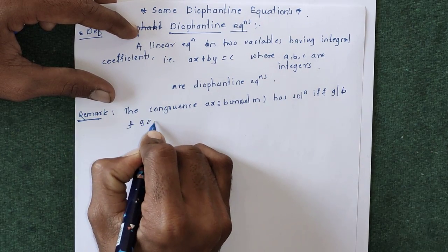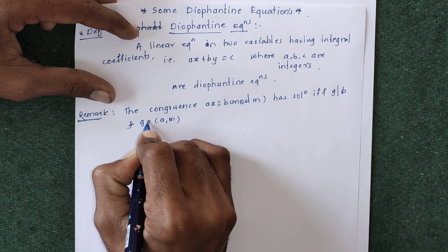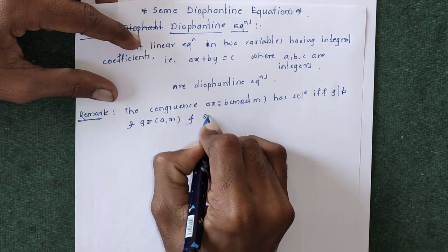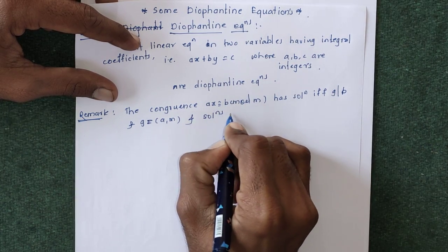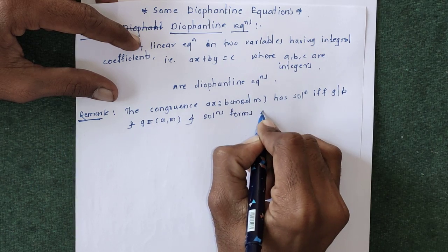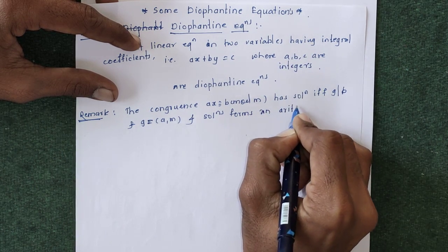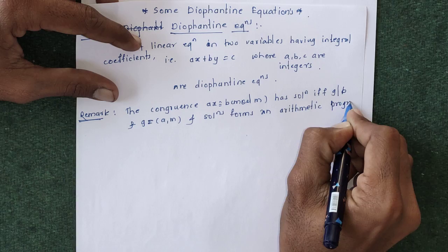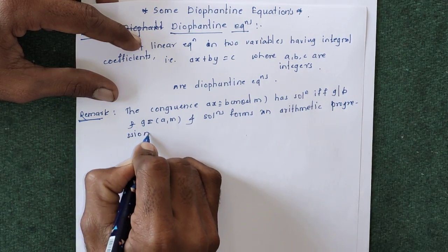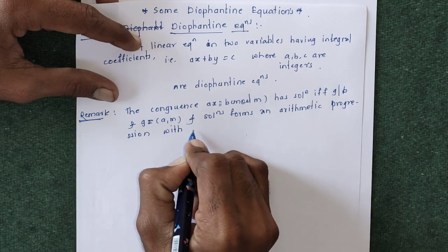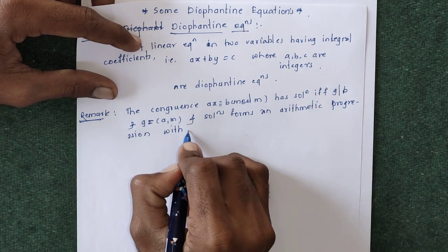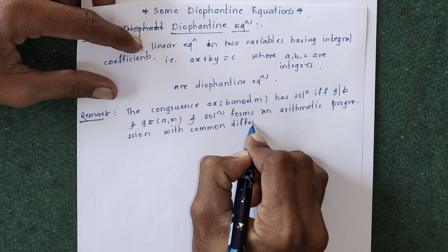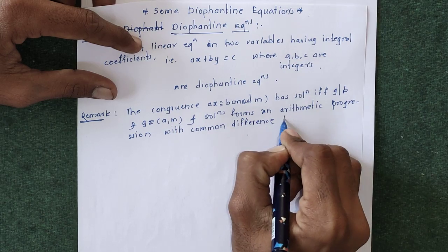The solutions of this congruence form an arithmetic progression with common difference m by g.